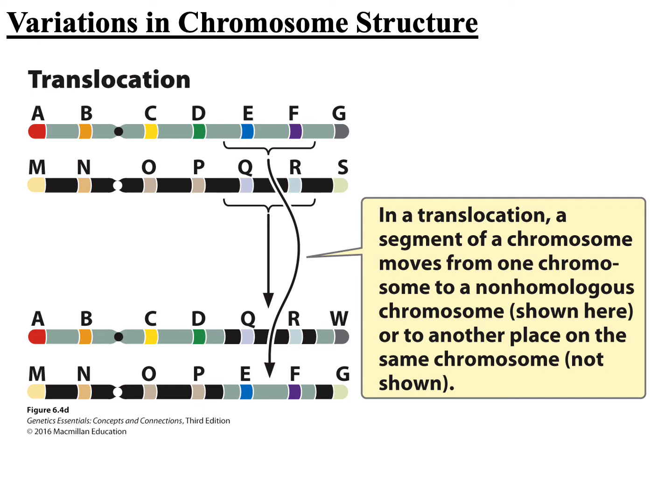This is a situation where you have genetic information from one chromosome moved to a completely different chromosomal location overall. This is in fact what happens when we discussed Down syndrome in part 1 of this lecture, where we had a small percentage of Down syndrome cases due to translocation.